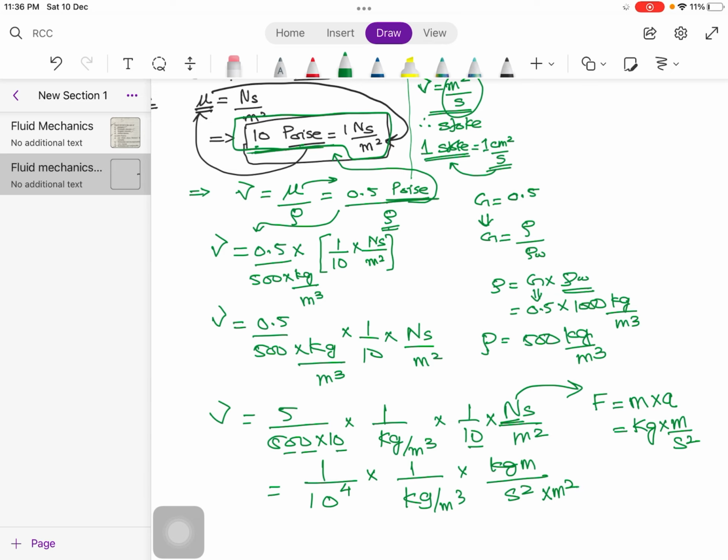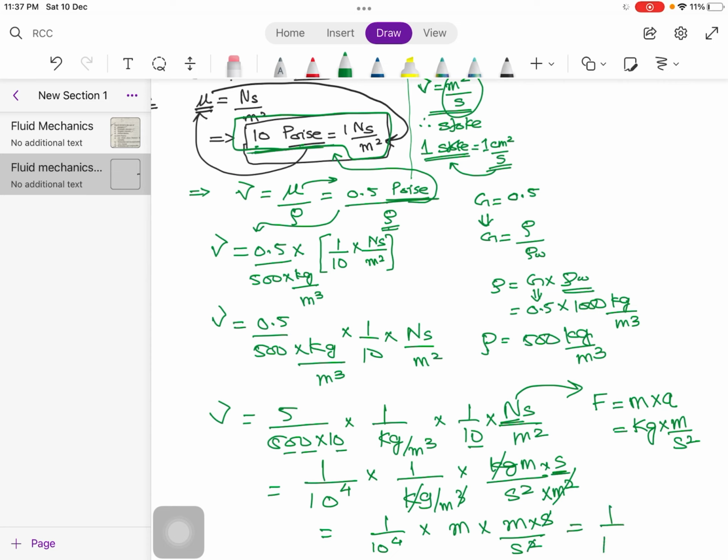If you rearrange this equation, we're going to get 1 upon 10 to the 4 times meter times meter upon second square, times a second, which we missed here.